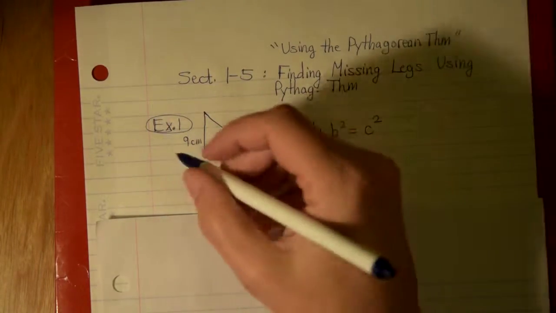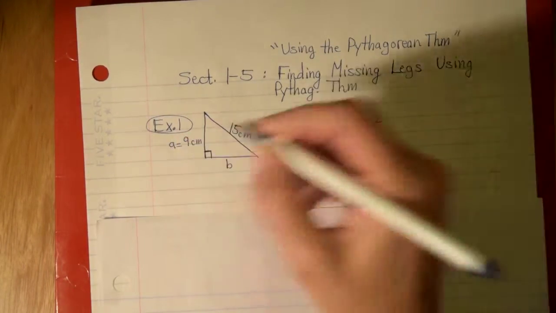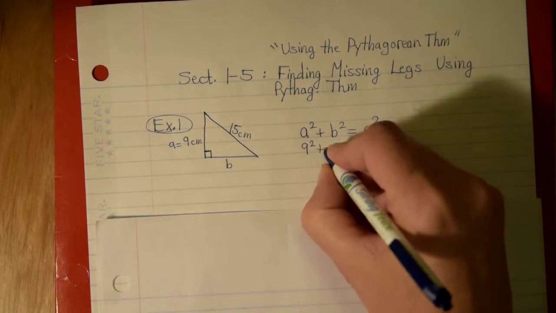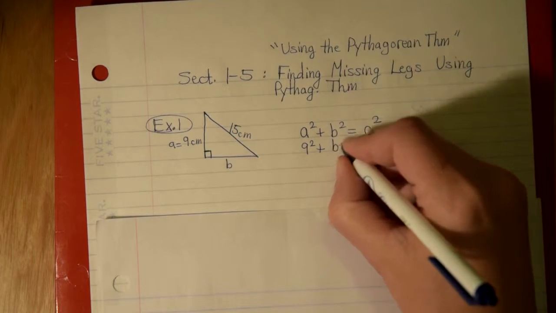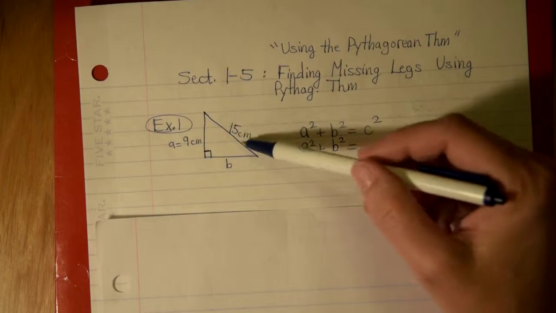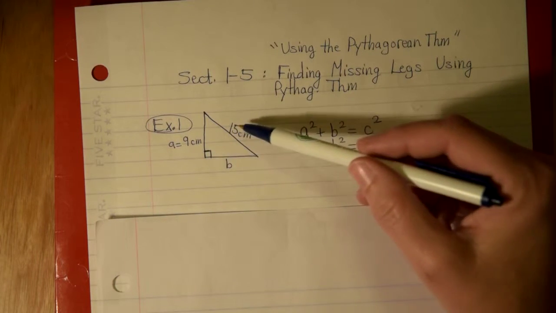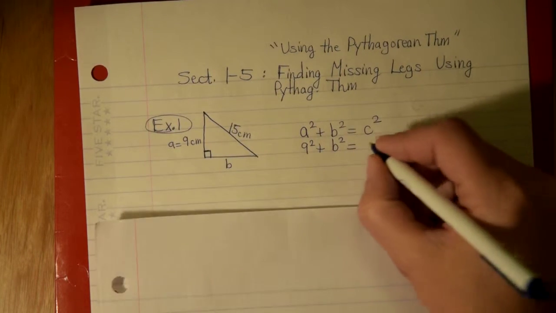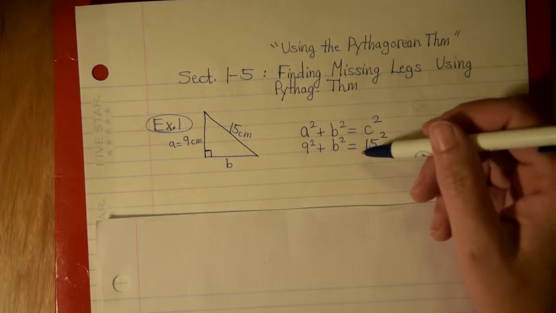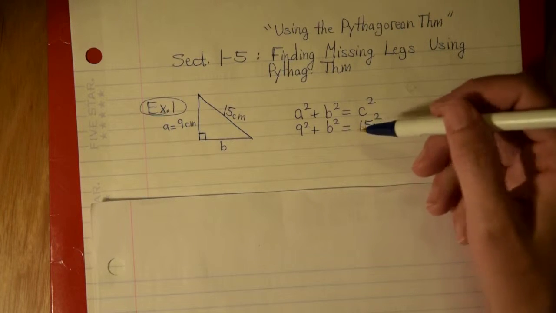So this is my A here. So I have 9 squared plus, I don't know B, so that stays B squared. And this time I know what the hypotenuse is. It's right across from the right angle. So that's 15, so I have 15 squared. This is where the problem is a little bit different from the other ones.